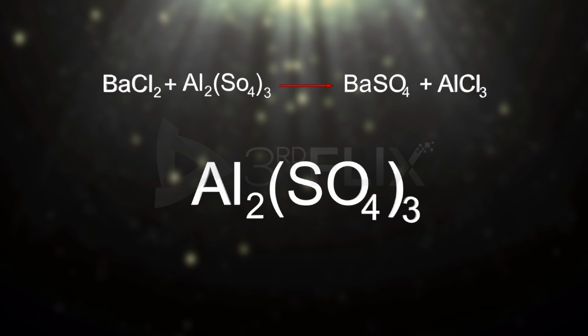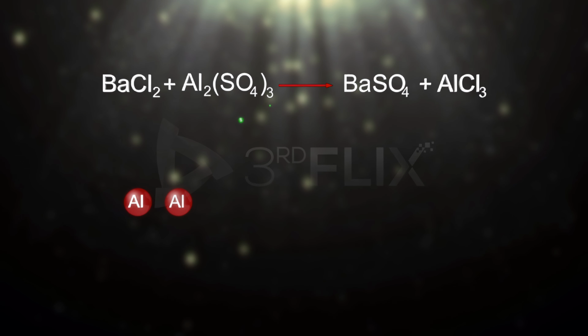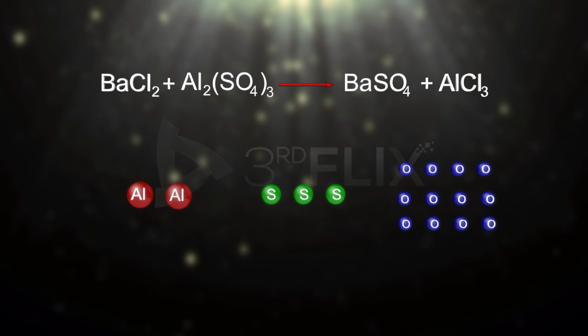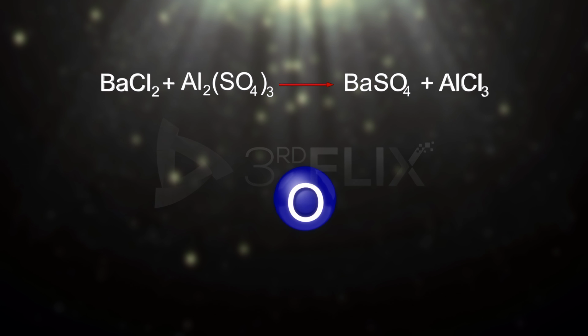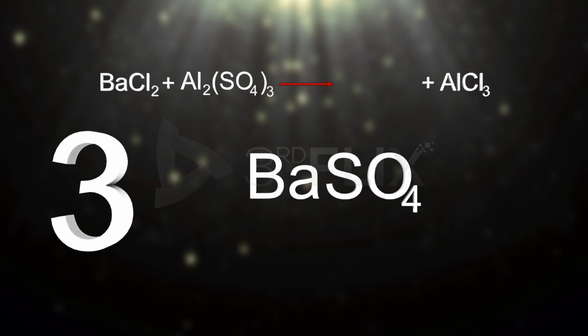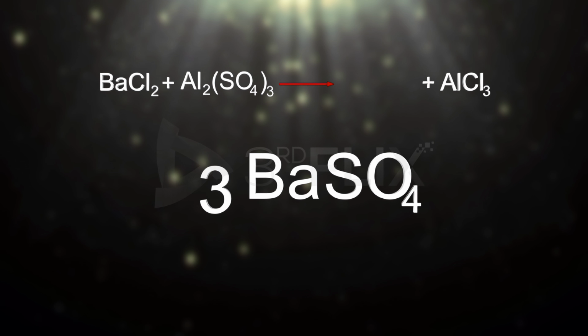Here I am selecting the compound aluminium sulfate, which has 2 atoms of aluminium, 3 atoms of sulfur and 12 atoms of oxygen. From this compound, select the element which has the maximum number of atoms. Here it is oxygen. To balance the number of oxygen atoms, we can multiply barium sulfate present on the right-hand side by 3.